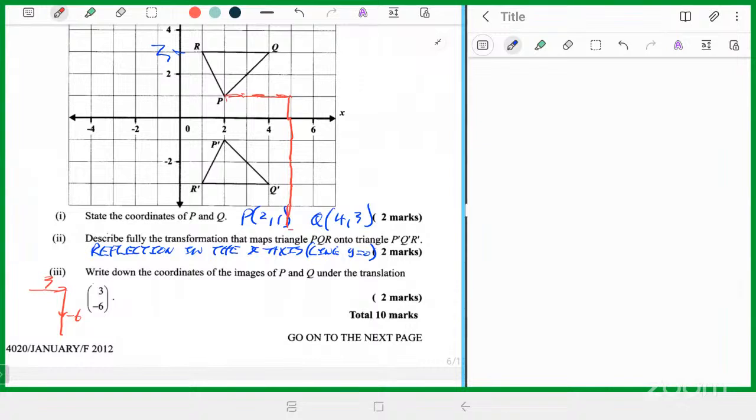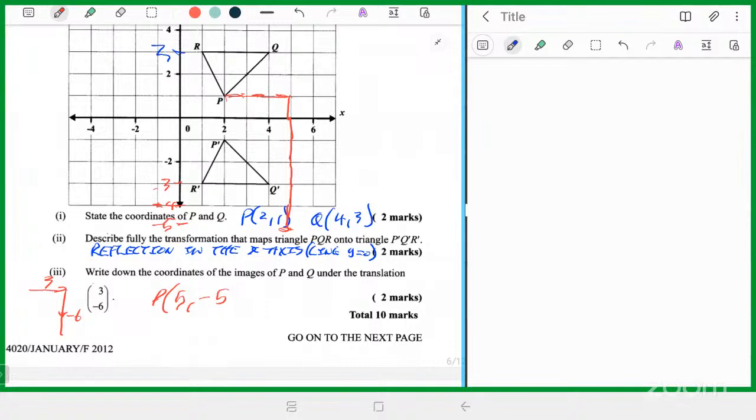The one under here. So it will be 5. This is -1, -2, -3, -4, -5. So a point down here would be 5, -5. So P prime will be 5, -5.